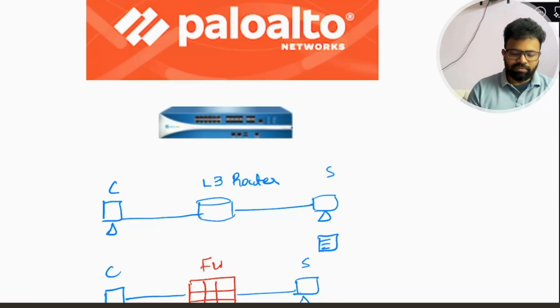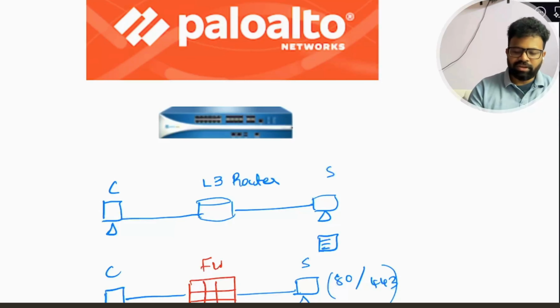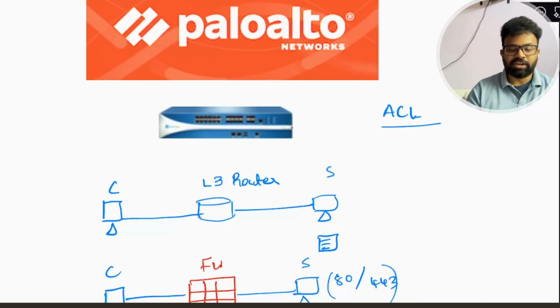So traditionally, what will they do? Say, for example, this is 10.10.10.x, and this is an HTTP or HTTPS server, something like that. Then you will be writing an ACL, that is access control list. Okay, ACL stands for access control list.